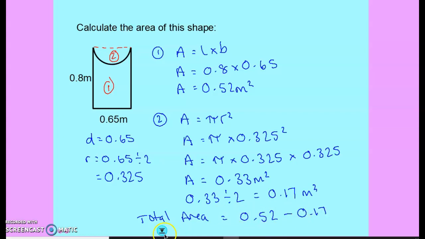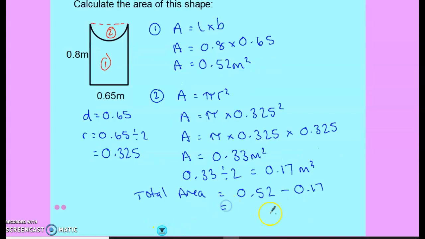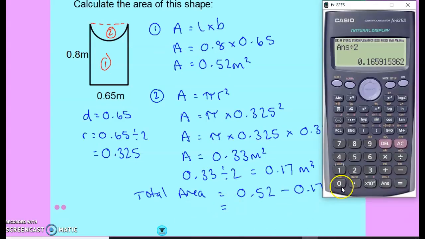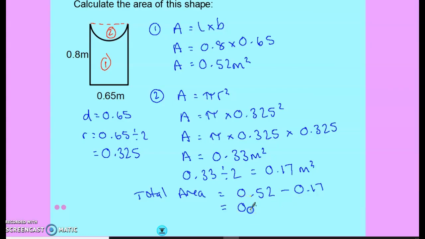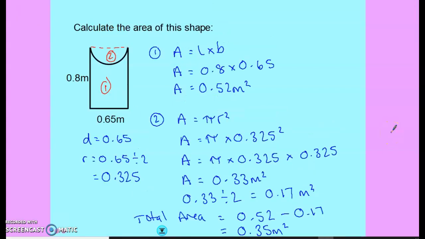So instead of adding it on, I need to take it away. Which is 0.35 meters squared. Okay, I'll leave you to practice some of these. As ever, please get in touch if you have any issues.